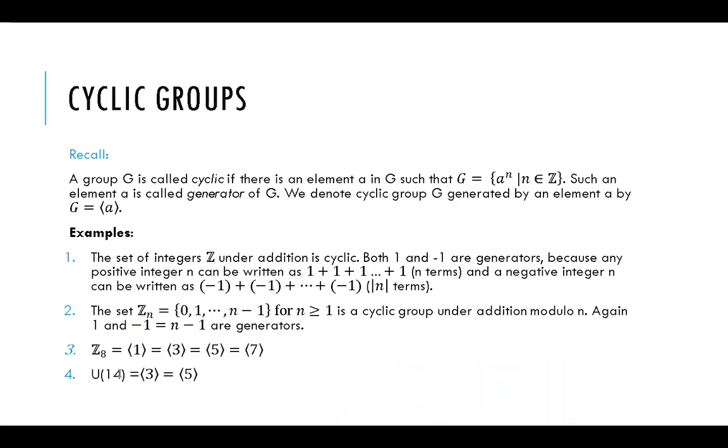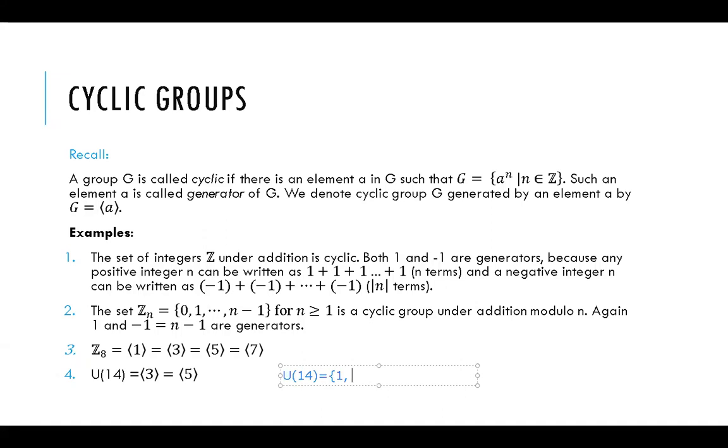Now, if I talk about U14, as you remember from the last few lectures, from my other videos, U14 is the group of integers less than 14 that are relatively prime with 14 under multiplication modulo 14. So what are the elements in this group? U14 contains 1.